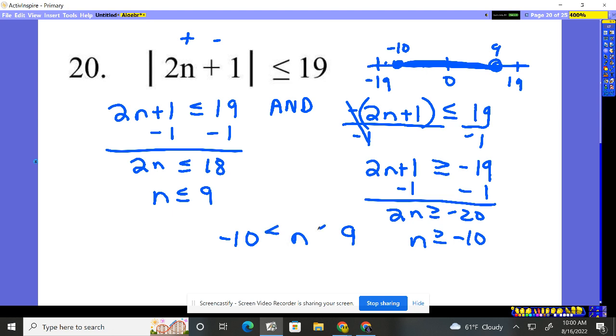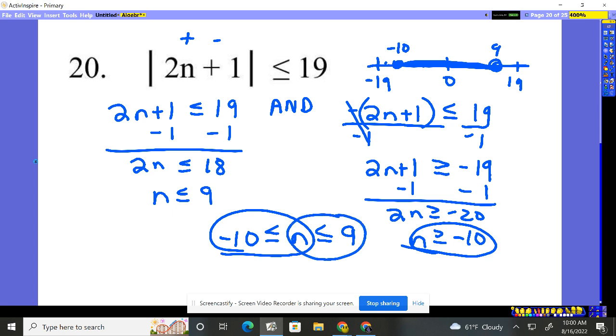Alligators will eat towards the left, towards the bigger number, and this did have or equal to there. So n is basically between negative 10. You can see here's the n is bigger than negative 10, right there. And here's the n is smaller than 9, which is right there. This is how we should write our and sentences.